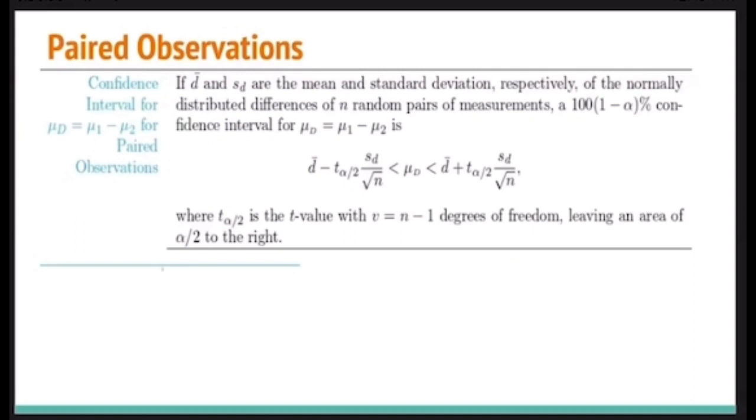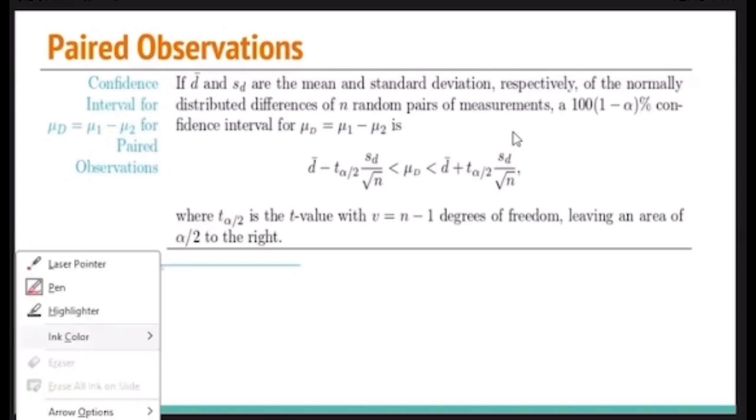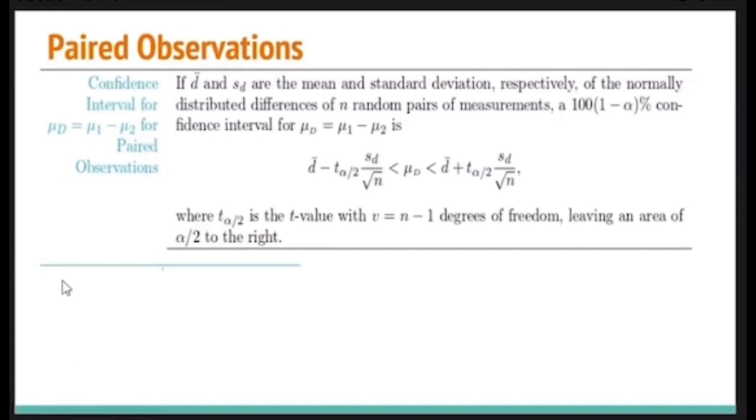It is the same individual, because we measure the same individual. That makes it paired observations. Now, how do we construct the confidence interval for that kind of situation? Take a look at this. The formula that you are seeing now is the formula to do that.